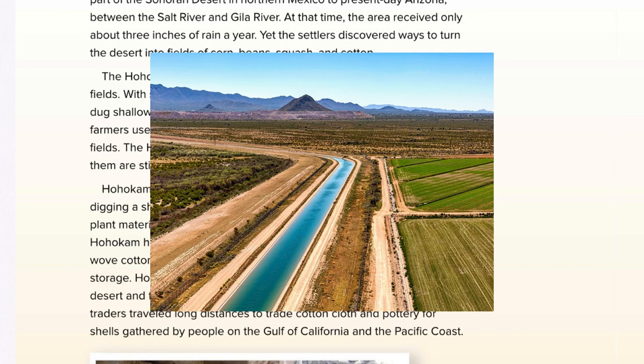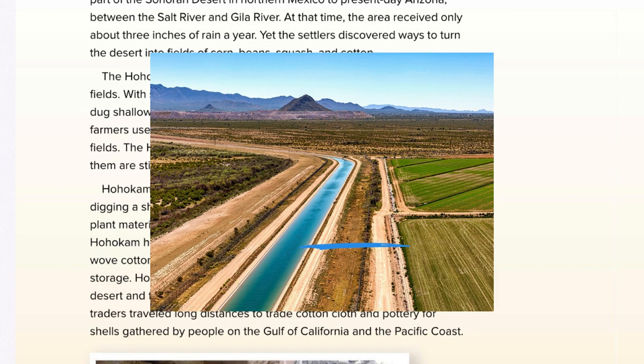Here's a picture of a modern irrigation canal, and it's not unlike what the original canals that the Hohokam would have developed. Basically, it's a channel dug into the ground where water flows through. Then they would dig side channels that would allow water to flow to where their crops were growing.